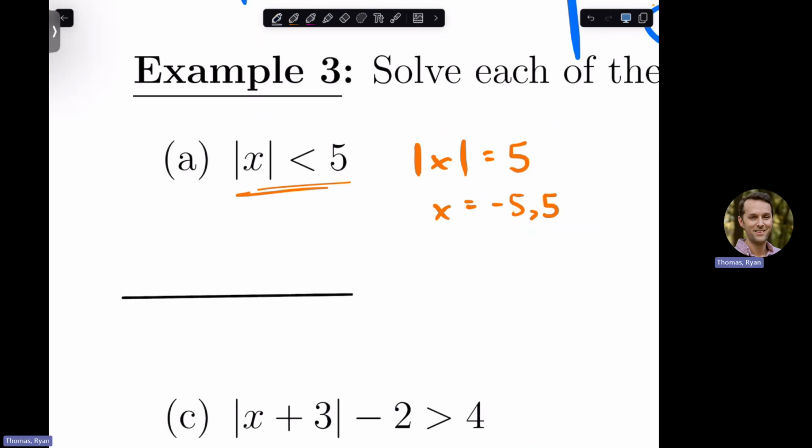What I want to know then, I'm not going to graph the whole thing. I'm just going to give myself a number line axis to keep things organized. Mark negative 5 and 5. What I've just learned here is that these are the two places where the absolute value crosses through.